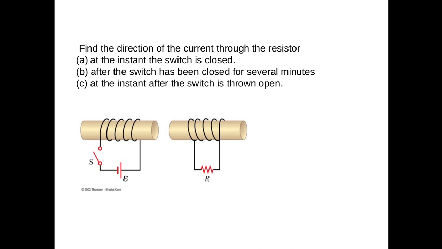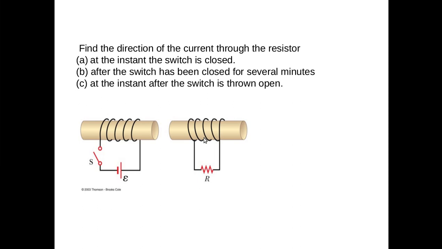So I use my right hand rule again, except my thumb is going to be pointing in this direction for delta B. So on this bar right here, I'm looping my fingers around the wire with my thumb in the direction of delta B, which is to the left now. So I know delta B is to the left. I've got to switch it to find the direction of B induced. So I rotate my hand 180 degrees. Now my thumb is pointing to the right. That's the direction of B induced. That's the direction of the induced magnetic field in this coil.